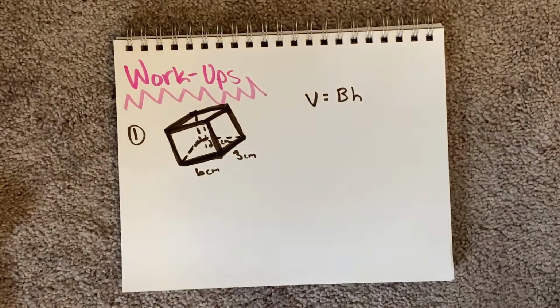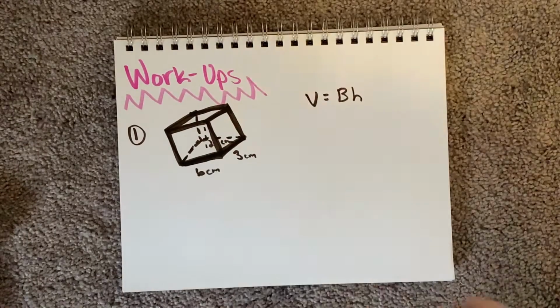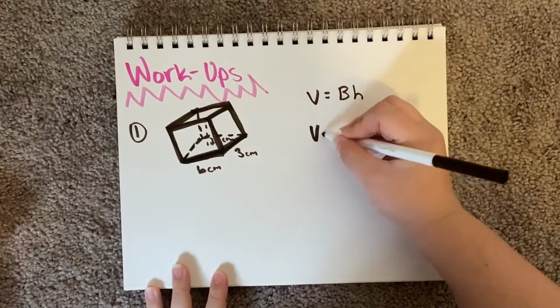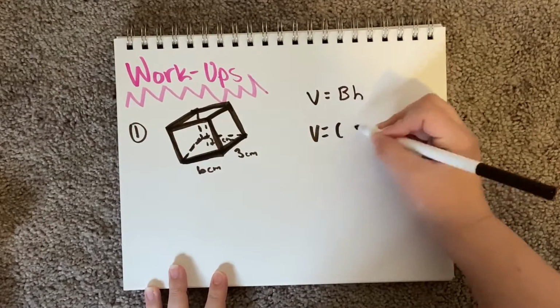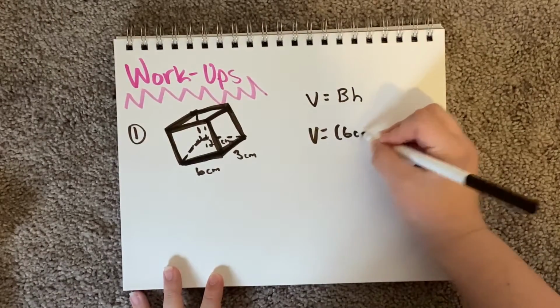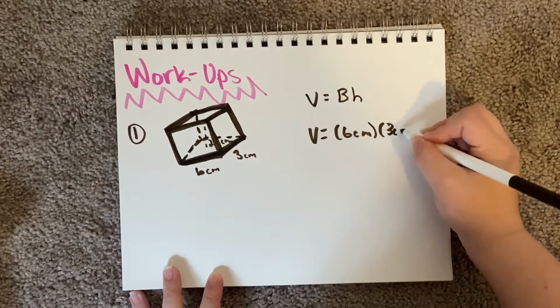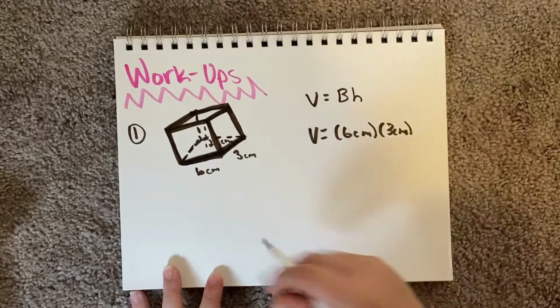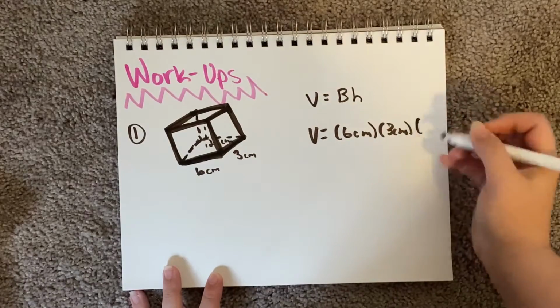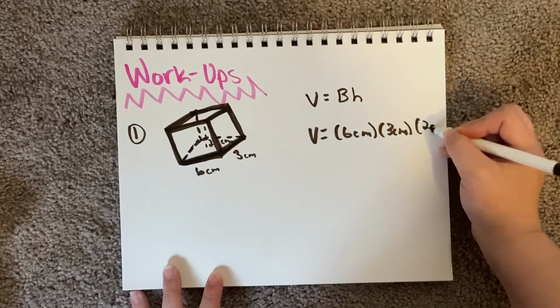Let's review another prism. For this example, our base, again, is going to be our length times width. Our length is 6 centimeters, so our volume would equal 6 centimeters, our length, times our width, which would be 3 centimeters, which would be our base, times our height, which would be 2 centimeters.